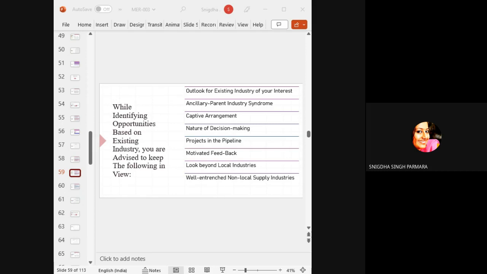What are the non-local demand? What are the non-local prospects, resources available? Well entrenched non-local supply industries, entrepreneurs need to explore and identify who are the ones that they are supposed to be competing with. If they choose a local industry linked opportunity, they need to figure this out.